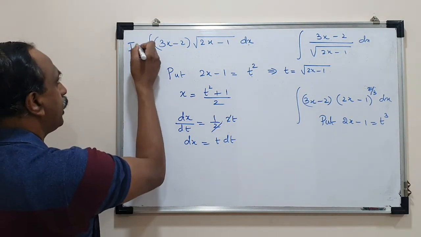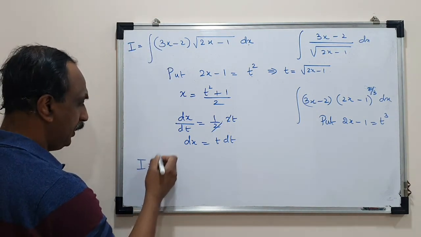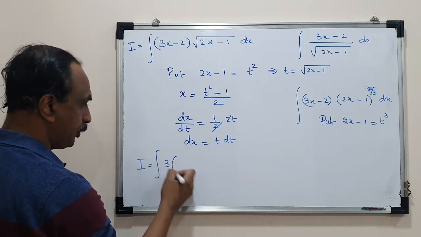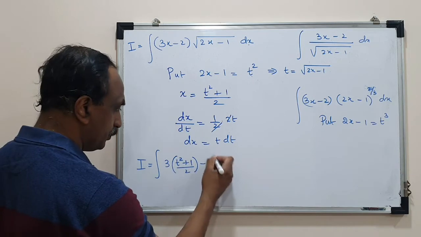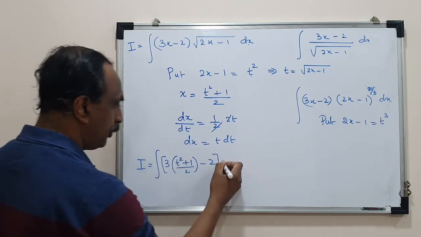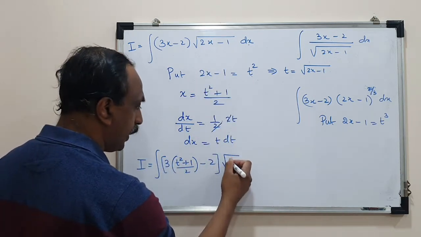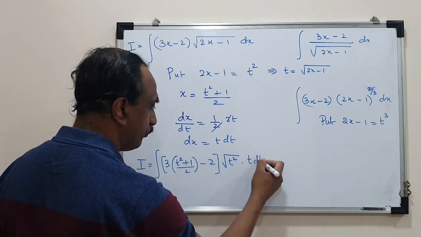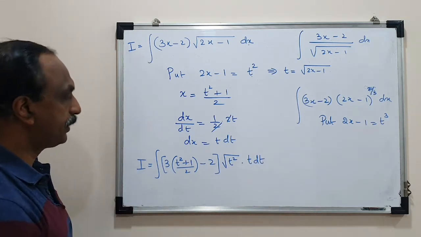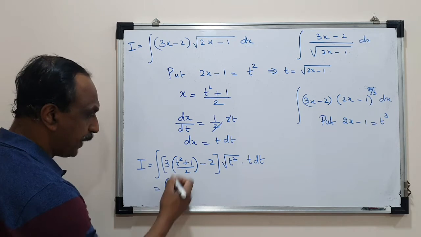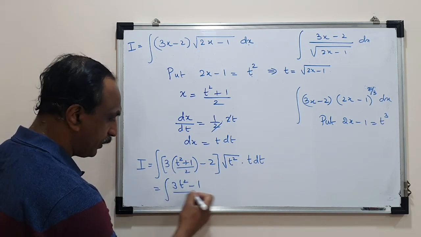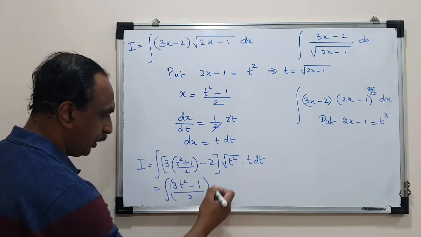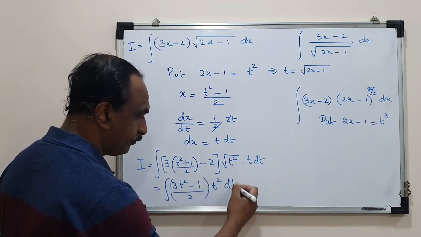So my integral now became 3 into t square plus 1 by 2 minus 2, into root of t square, into t dt. dx became t dt. When you expand this, 3t square plus 3 minus 2 will become minus 1 upon 2, into t square dt.